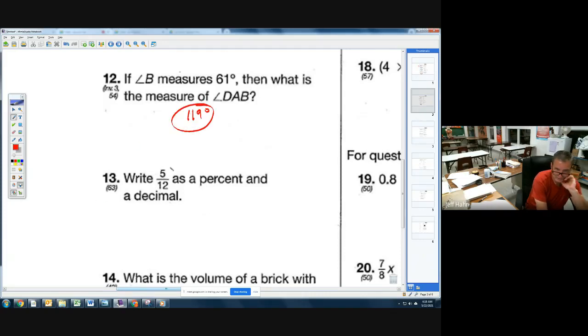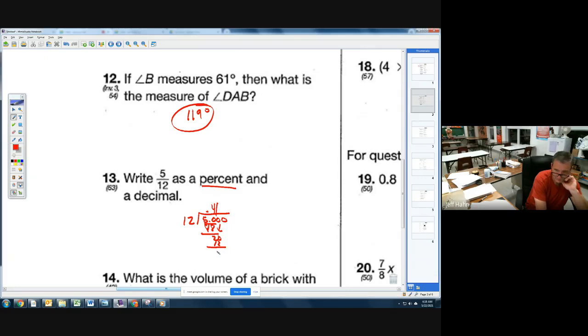For 13, we're going to change 5/12 to a decimal and a percent, which means it becomes a division problem. Let's do the percent first. 12 goes into 50 4 times. That's 48. Subtract, bring down the 0. I get 2. I know my whole percent now is 41%.